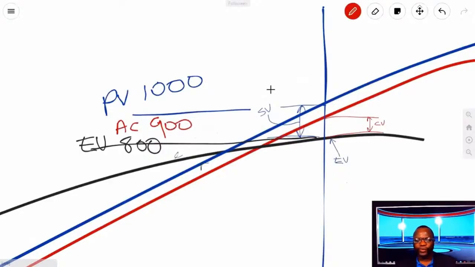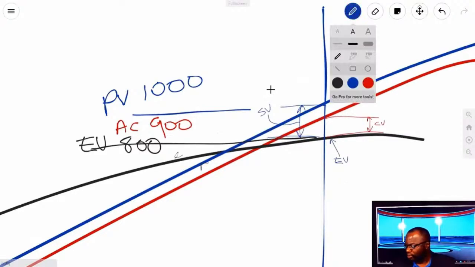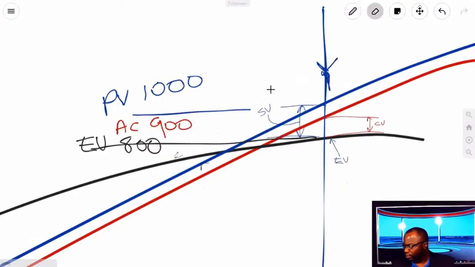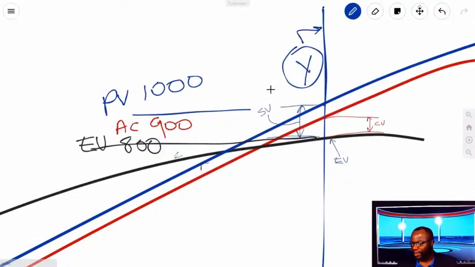So, to convert this into real terms, you planned to get $1,000 worth of work done at that point. Remember, we're talking about point Y. At point Y, this point right here, you planned to get $1,000 worth of work done, but you only got 800.